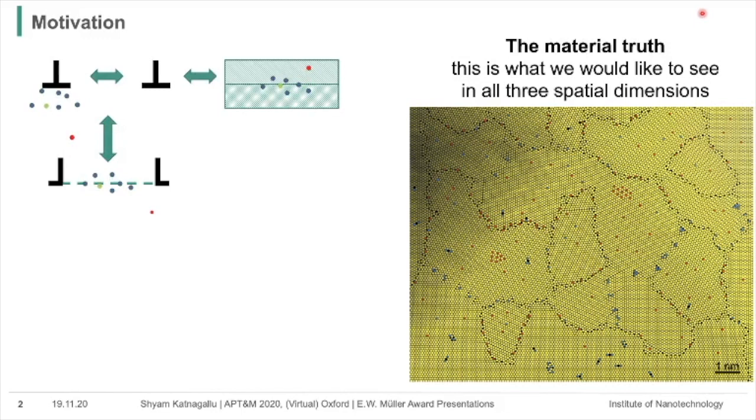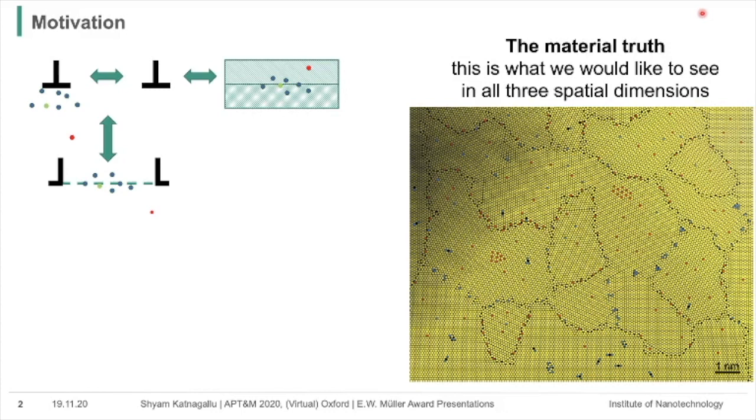Because some solute elements can have a positive interaction with these defects, while some solute elements will have a negative interaction. And sometimes this segregation to these defects can also trigger a phase transformation, which might be something which you engineered, or which could be also something which you did not expect and could be detrimental to the material properties.